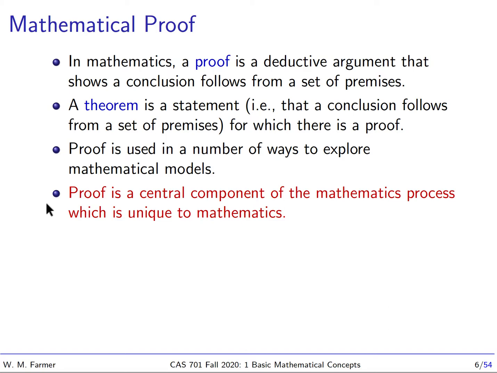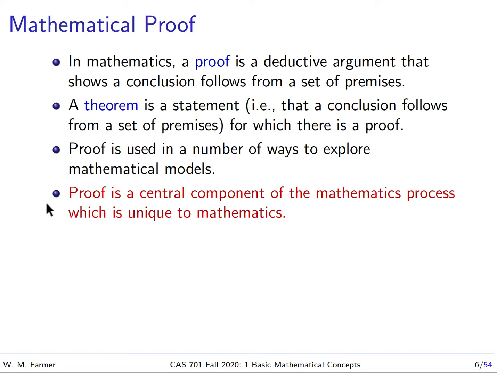If these premises are true, something else must be true. And this deductive argument is a proof. And a theorem is a statement for which there is a proof. If we have a proof that a conclusion follows from a set of premises, we call that statement a theorem.